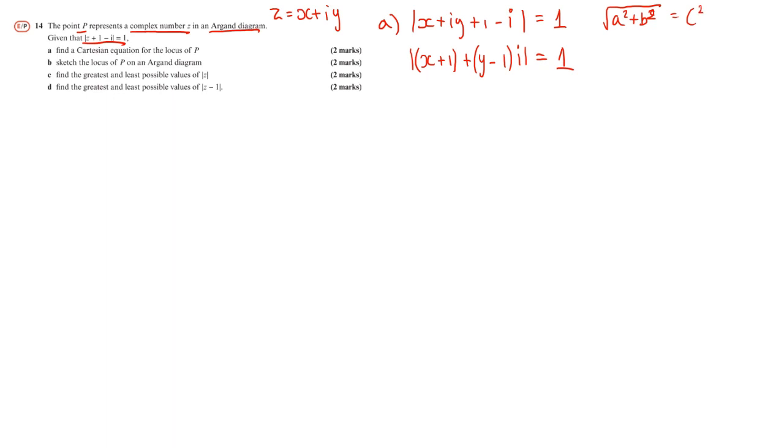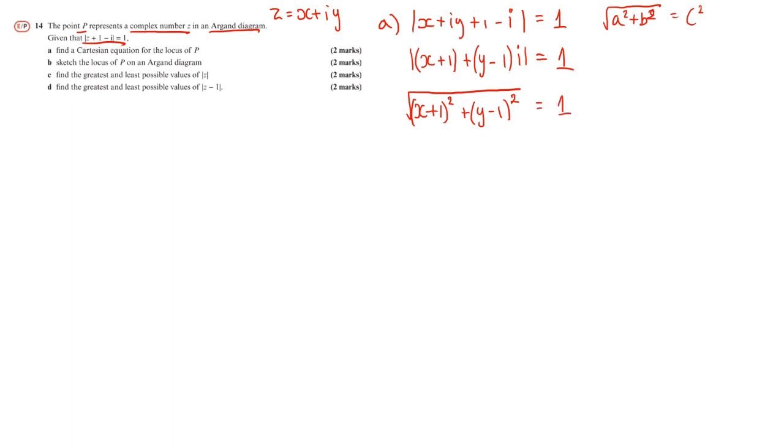So to get rid of this mod and put it in Cartesian form, we want to square root the whole thing and then square the terms inside. So the square root of x plus 1 squared plus y minus 1 squared equals 1.